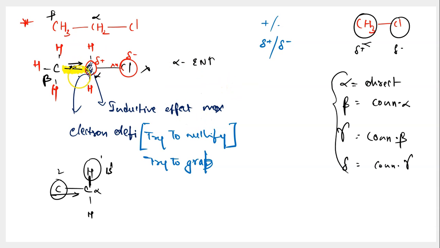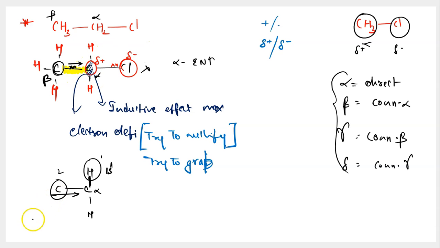And now in order to rectify this electron deficiency, a pair of electrons has been grabbed from this particular beta carbon. But then the point is, can this alpha carbon pull the beta carbon's electrons as good as the chlorine have done? No. When you compare the capacity of alpha carbon to take the electrons or grab the electrons towards itself, it's lesser than that of chlorine, but to some extent it will manage.